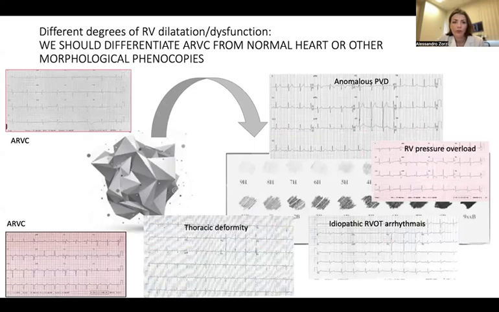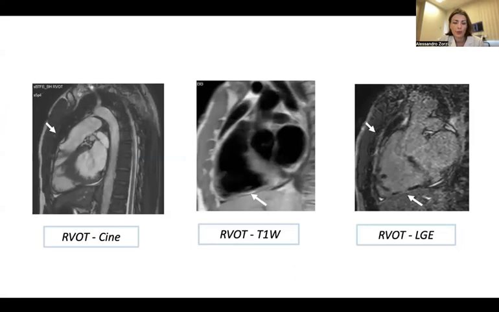So we should differentiate ARVC from normal heart or other phenocopies like chest deformity, like idiopathic arrhythmias, like pulmonary hypertension, or ASD, or pulmonary venous drainage anomalies. So finally, what we should look at with our CMR.